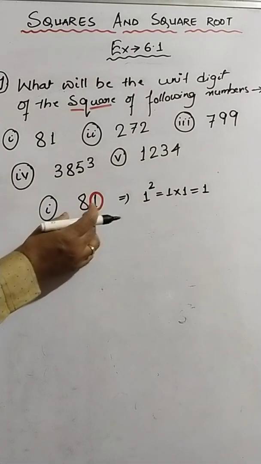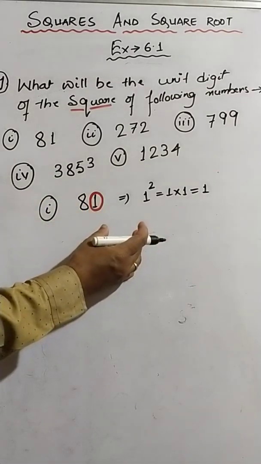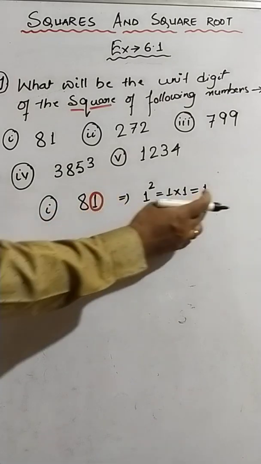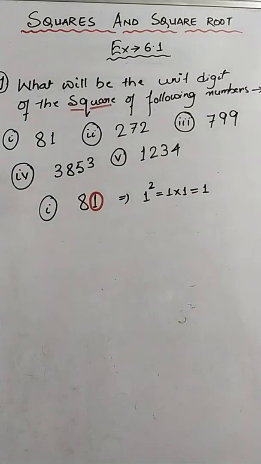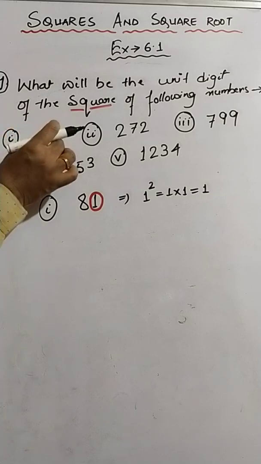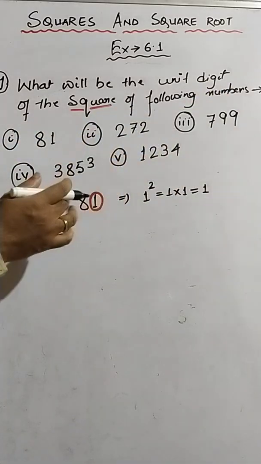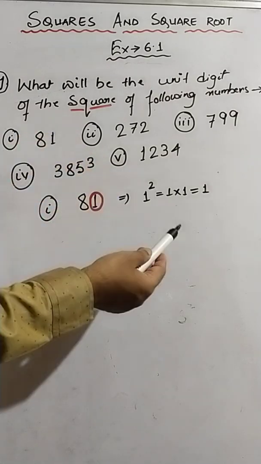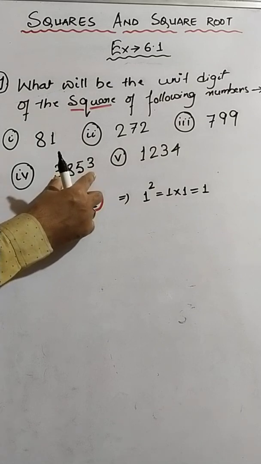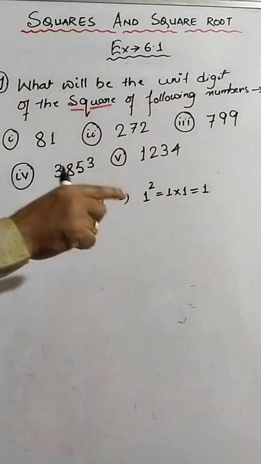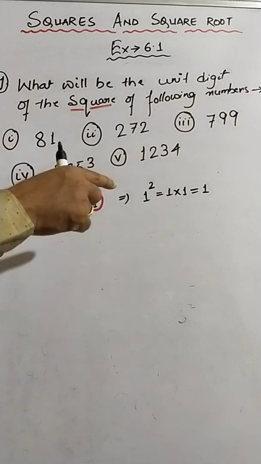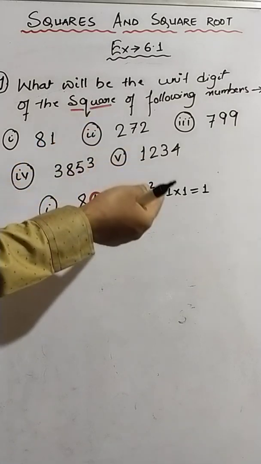So after multiplying 81 into 81, the number that you will get will have a unit digit of 1 only. That is the reason, no matter how big the number is, you will only concentrate on the last digit, and you will do the square of the last digit, so that you will come to know what would be there in the unit digit of the result after multiplying any number by itself. Understood?